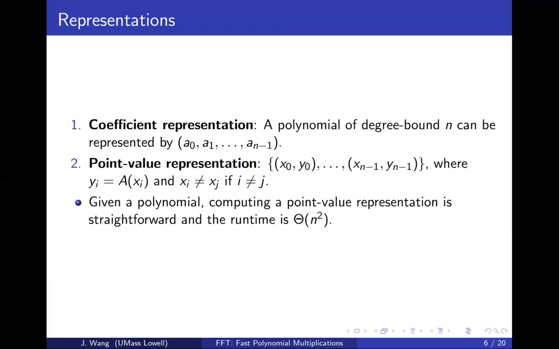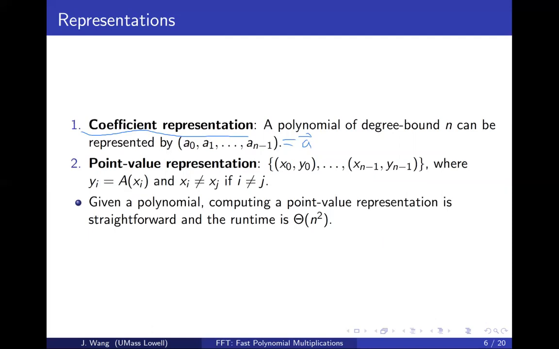One is by coefficients, right? So this is the coefficient representation. You just list all the coefficients of a polynomial, so that is a vector. So it's a0, a1, up to an minus 1. It is a vector. And the other one is the point value representation.